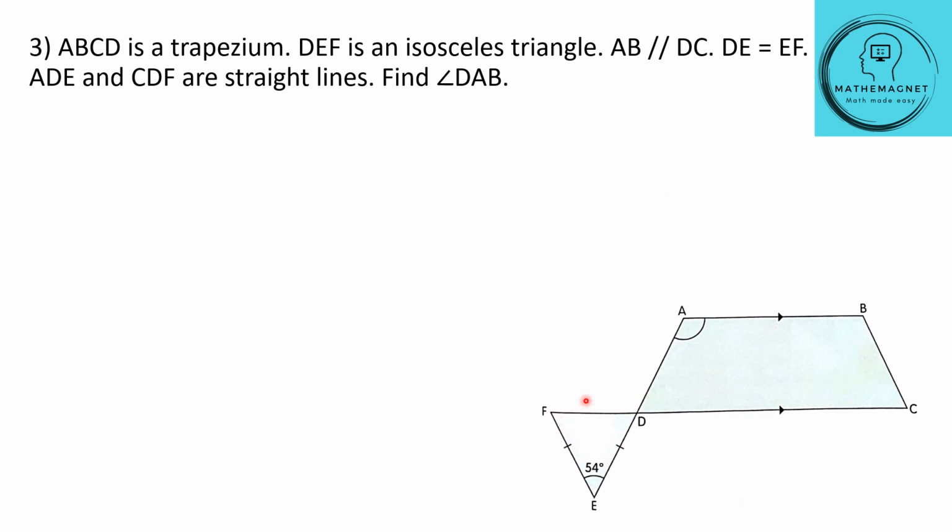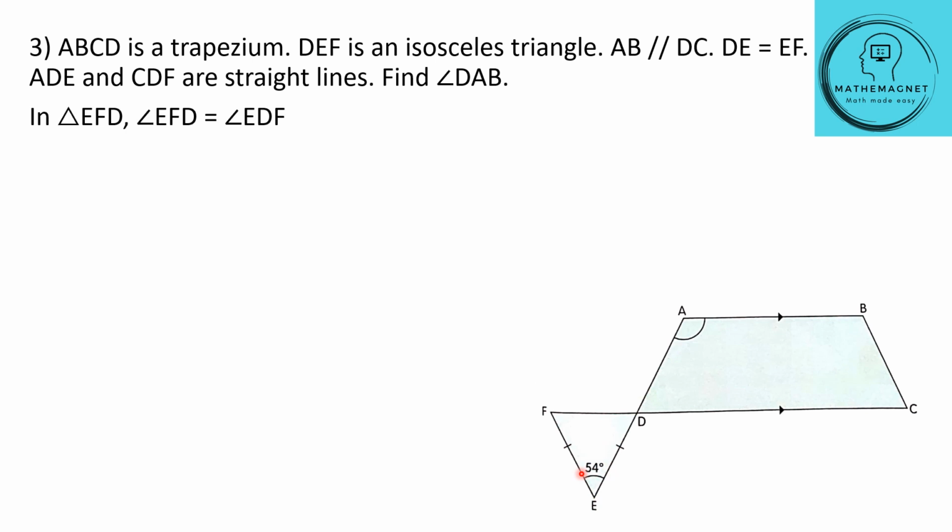We'll begin with this isosceles triangle DEF. Now in an isosceles triangle, we know angles opposite to the two equal sides are equal. So these two sides are equal, which means this angle will be equal to this angle. We know the third angle is 54, and as per the angle properties of a triangle, the sum of all angles is equal to 180 degrees.